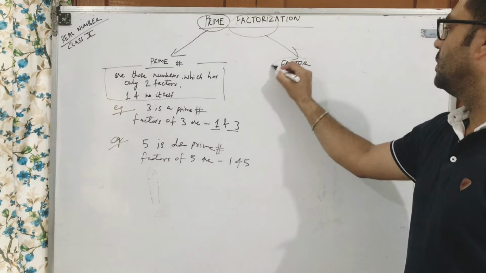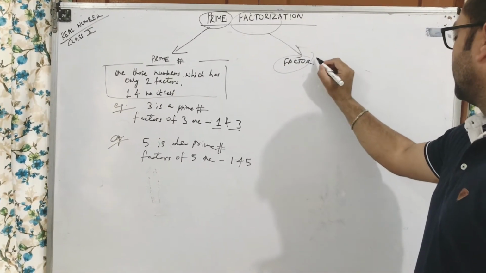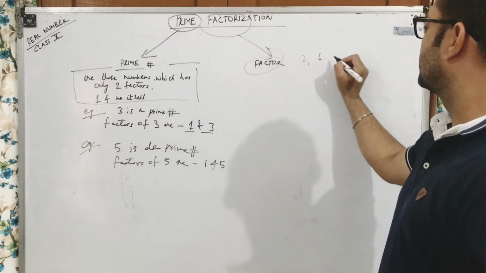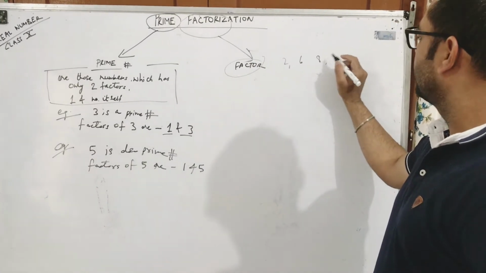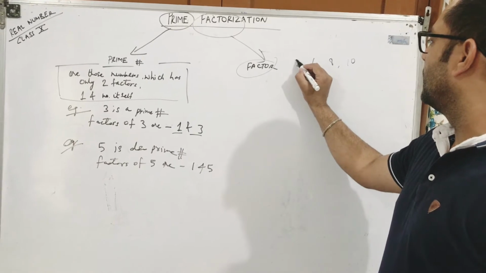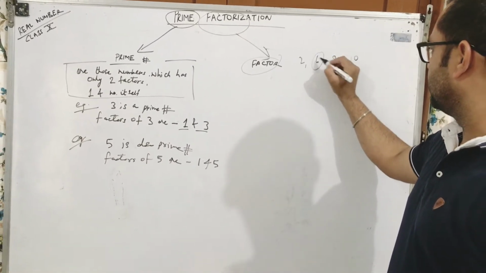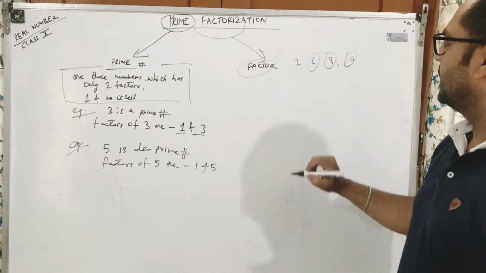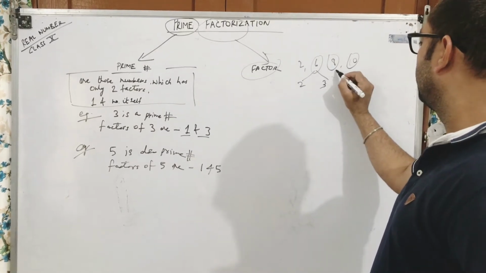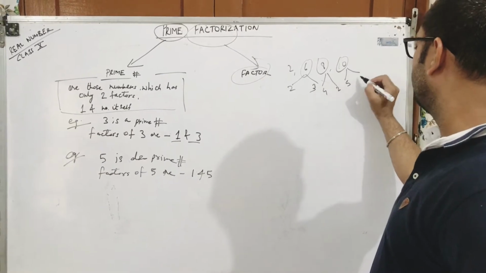Suppose you take any digits, say 6, 8, then 10. Now we have to assume that these are composite numbers. The factors of 6 will be 2 and 3. Factors of 8 will be 4 and 2. Factors of 10 can be 5 and 2.